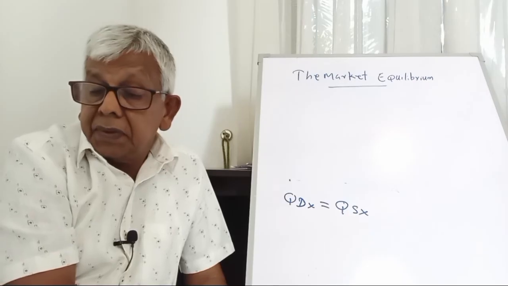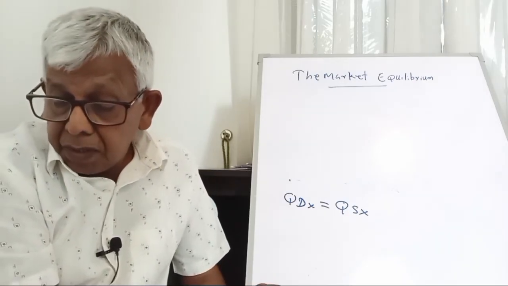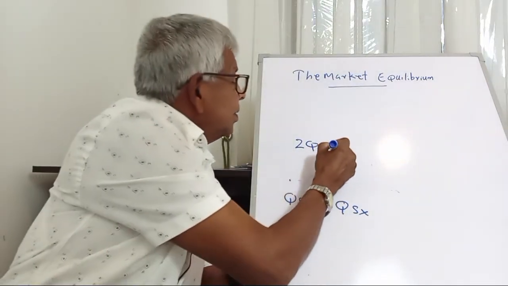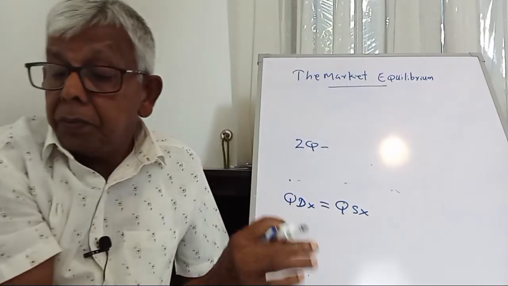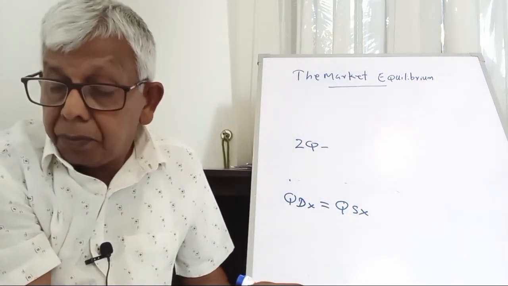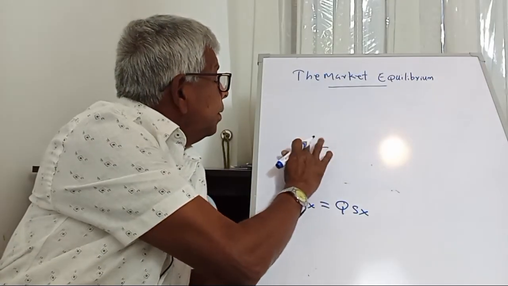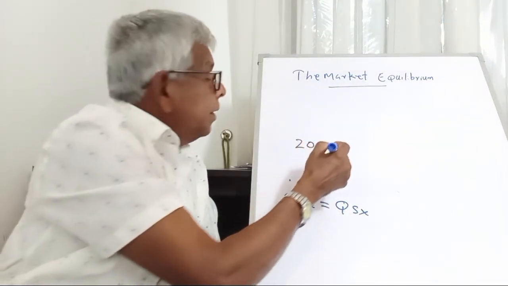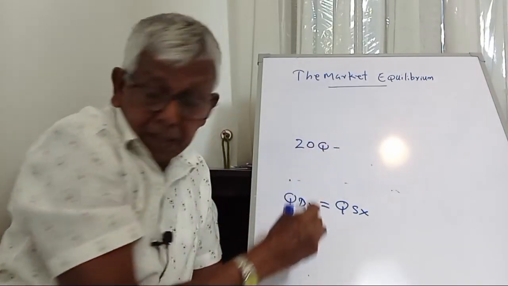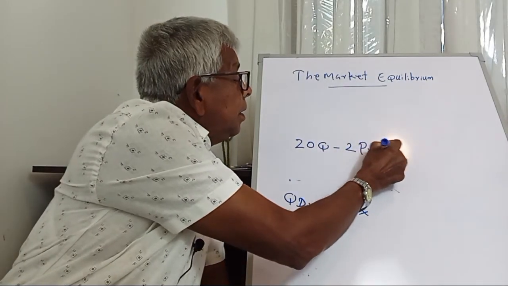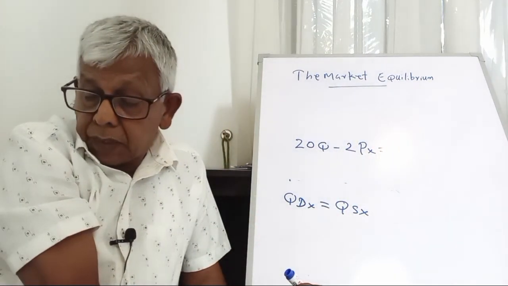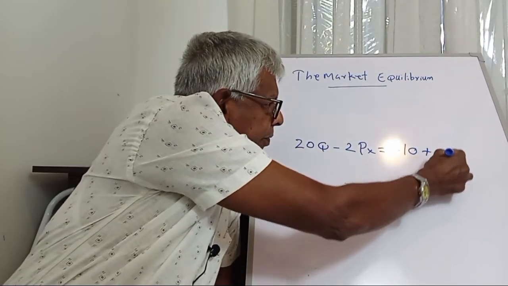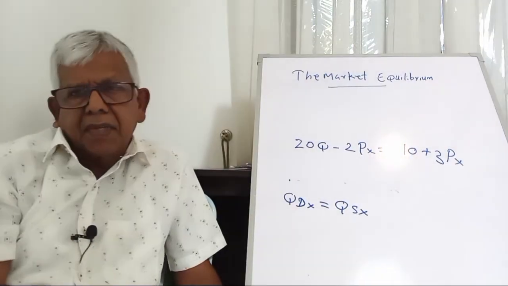So now we can write 20 minus 2Px equals minus 10 plus 3Px.